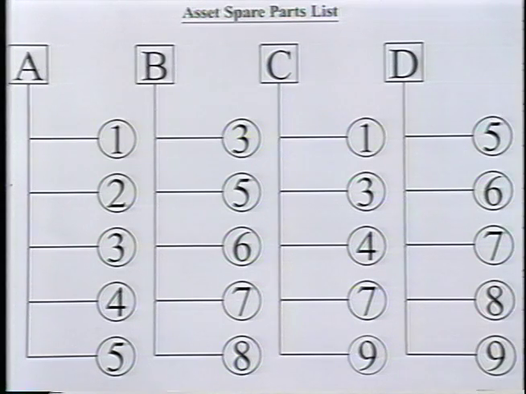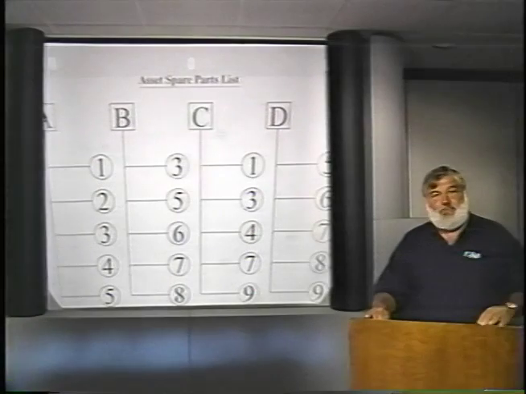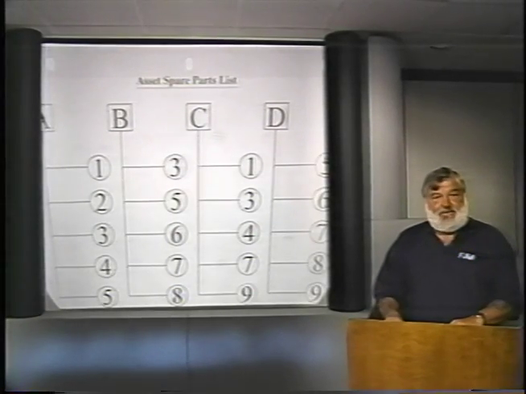As an example, equipment A has part numbers 1, 2, 3, 4, and 5 as an integral part of its equipment spare parts list. And the same description applies to B, C, and D.